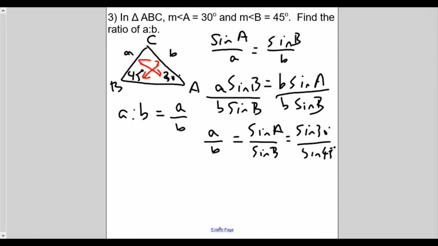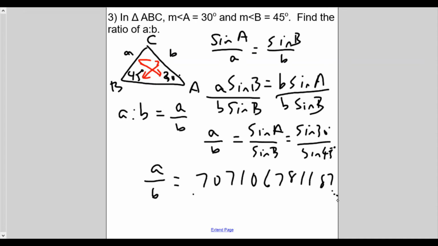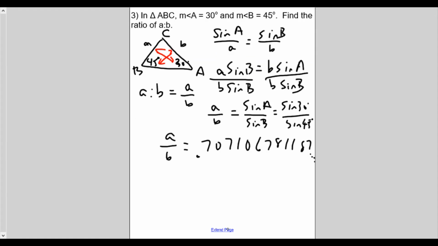All right, and so enter, and here you should get a value of A over B equal to 0.707106781. Now you'd probably round off to 0.71, or even 0.7.